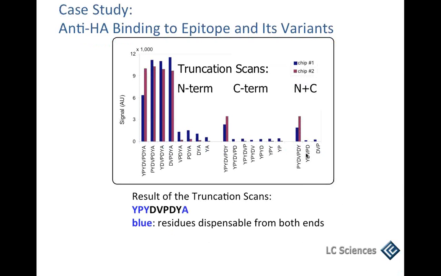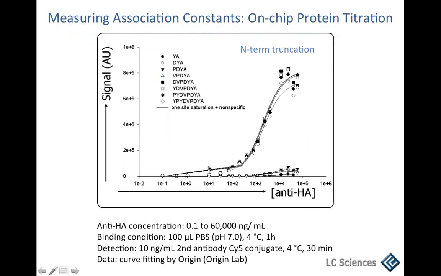This is the N-terminal truncation scan. The peptides are listed here. So these are all the truncations. And each data point represents an assay at a particular increasing antibody concentration.